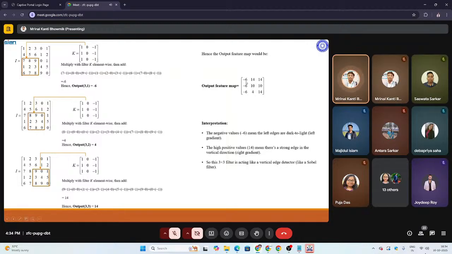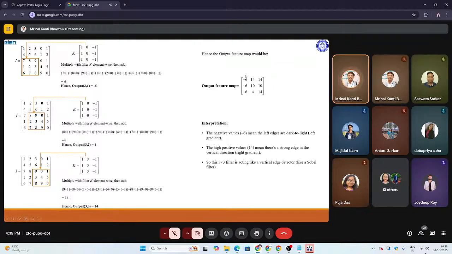How this works is just normal multiplication: 1 into 7 plus 0 into 8 plus minus 1 into 9 plus 1 into 1 plus 0 into 2 plus 3 into minus 1, and 6 into 1, 7 into 0, and 8 into minus 1. In this way, we have performed the convolution operation with the edge detection filter.